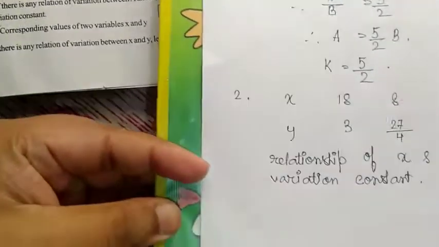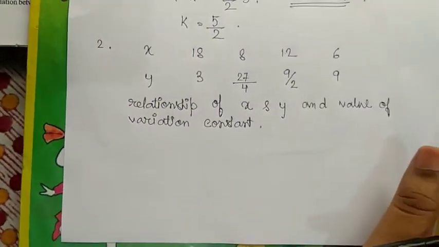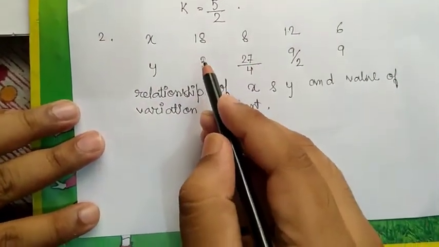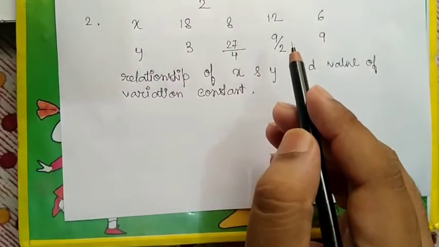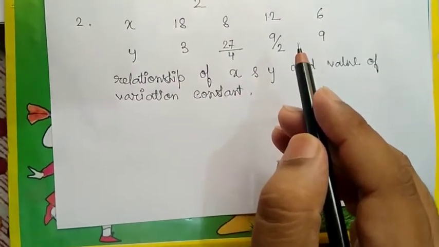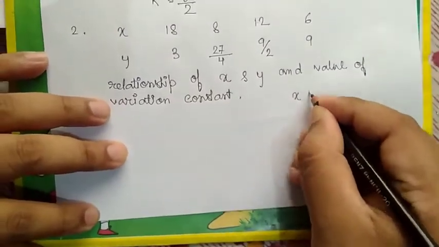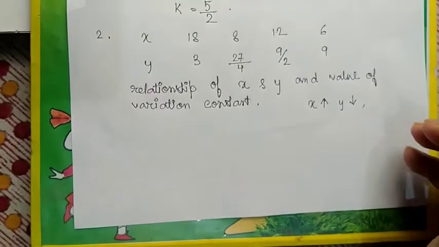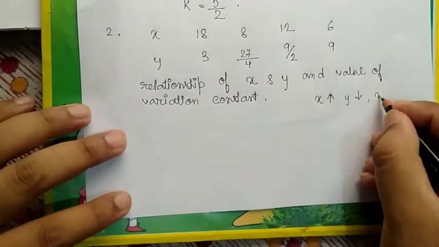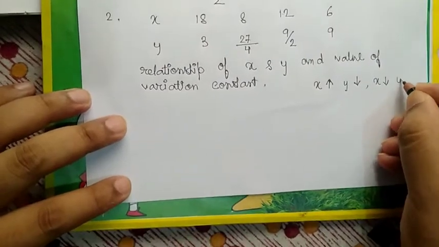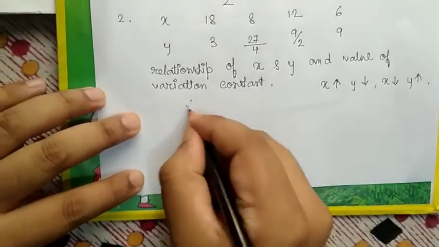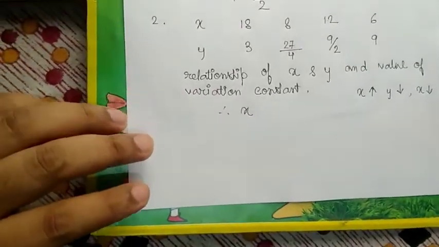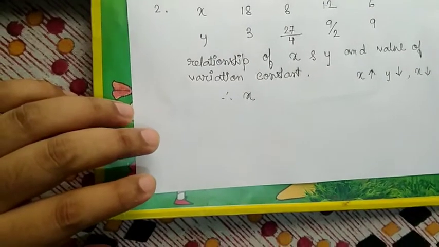In this sum, first of all we see that when the value of x increases, the value of y decreases, and it's vice versa also. If x decreases, y increases. So therefore x is inversely varied with y.